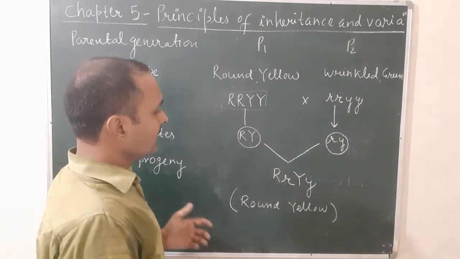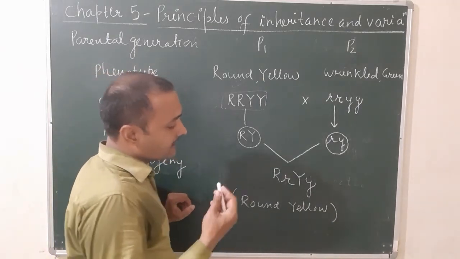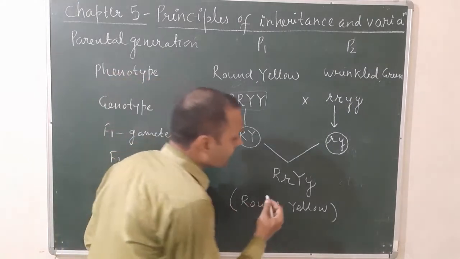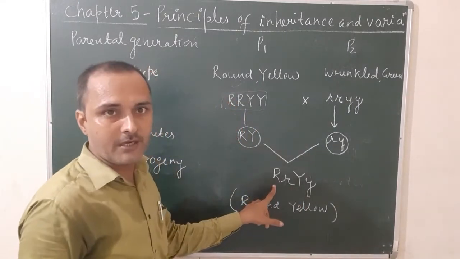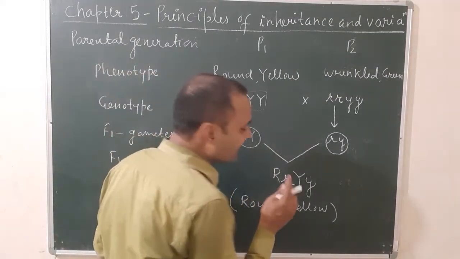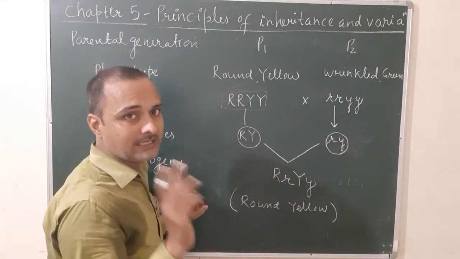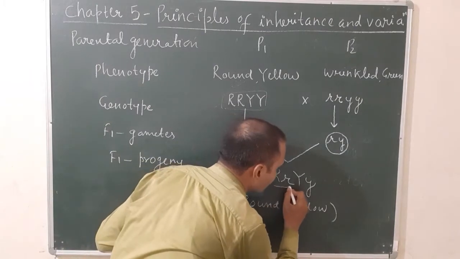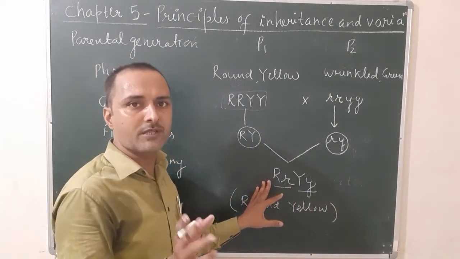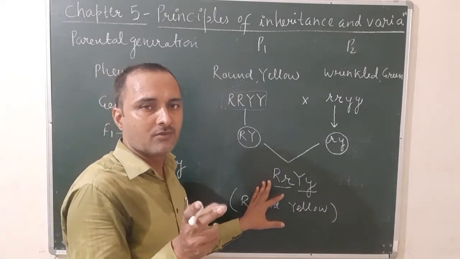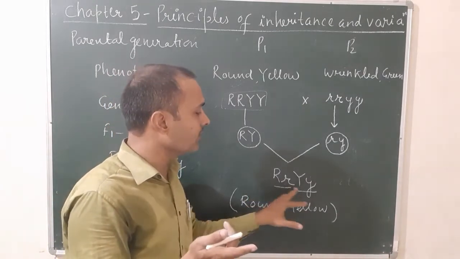After this, the slide states segregation when two pairs are involved. You can see this is the F1 hybrid. Once again, this slide states that two pairs of traits appear. Why two pairs? Because round, yellow, wrinkled, green.